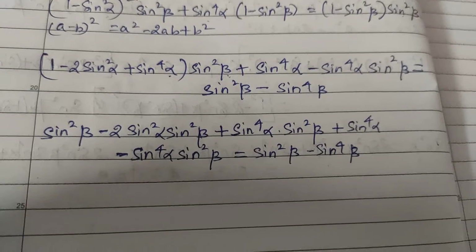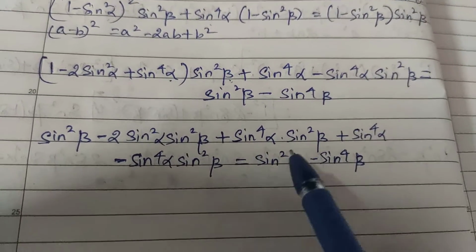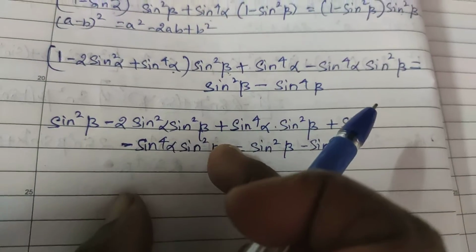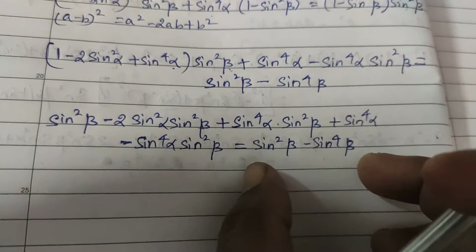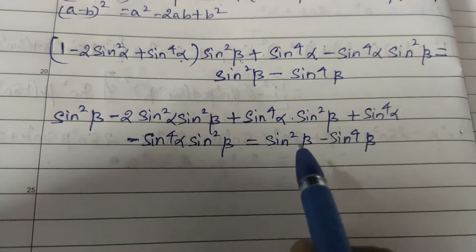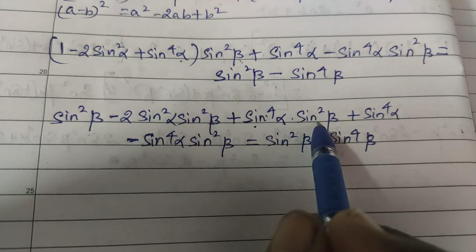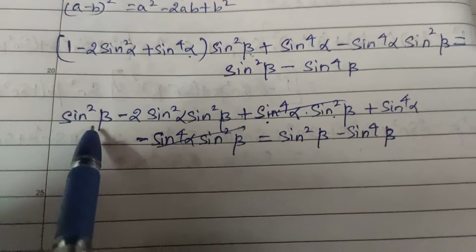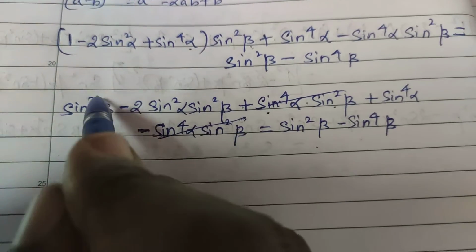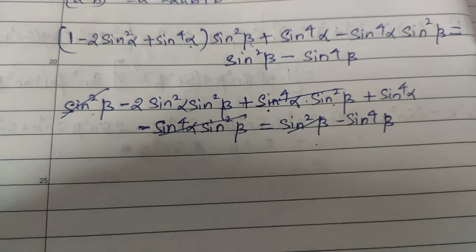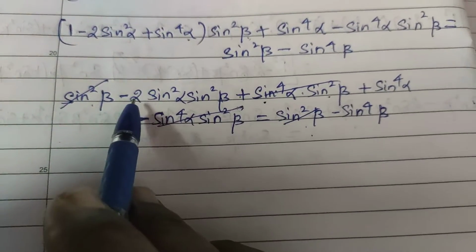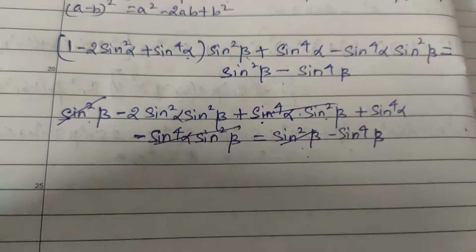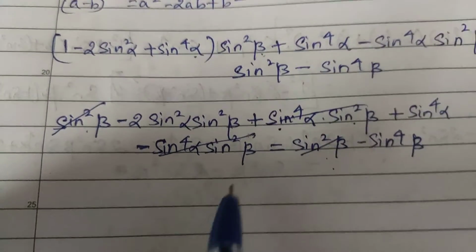Now what all will cancel? So up to this part it is LHS and this is the RHS. So sin power 4 alpha sin squared beta, this is positive and negative, it will get cancelled. This is in LHS, this is in RHS, same sign, so it will get cancelled. When it comes to the left hand side, it becomes minus, positive negative, automatically it will get cancelled.